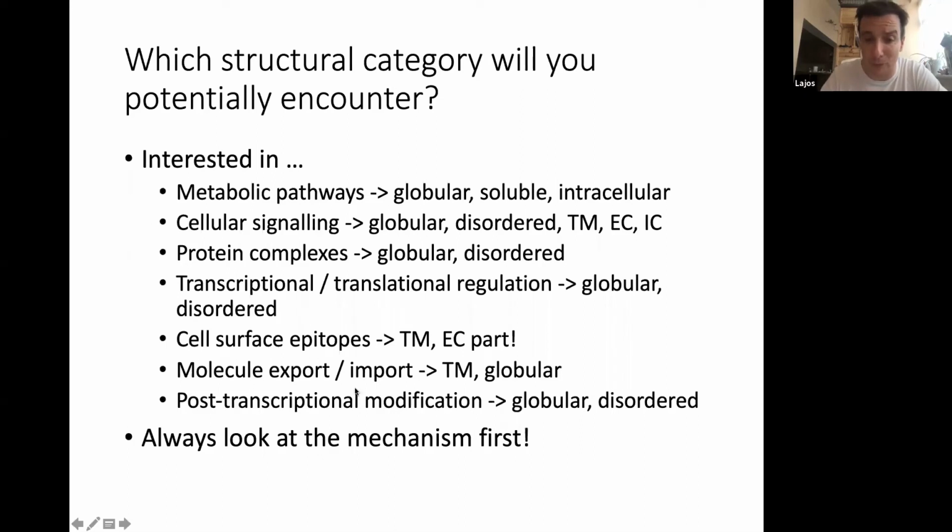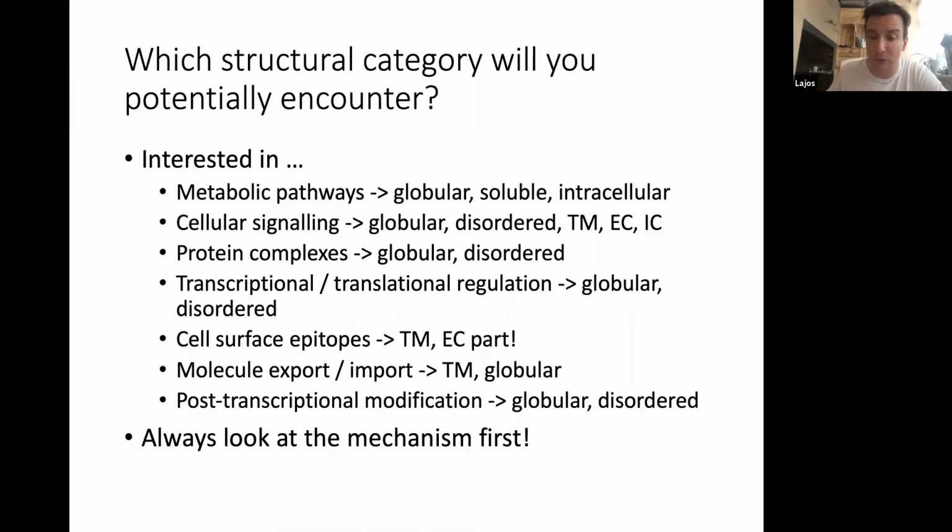If you think about molecule export-import, so for example, you are dealing with drug pumps, then you again encounter transmembrane proteins, sometimes globular. The globular part here is sometimes extremely important because many of these export-import mechanisms in the membrane, and this is not eukaryotic specific, also prokaryotic membrane, are active transporters.